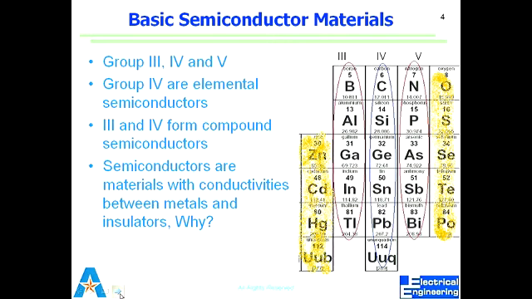The fourth group is where we have carbon, silicon, germanium, and the distinguishing factor for this group is that the outermost electron shell is completely filled, empty, half filled, right? So the outermost shell is half filled.